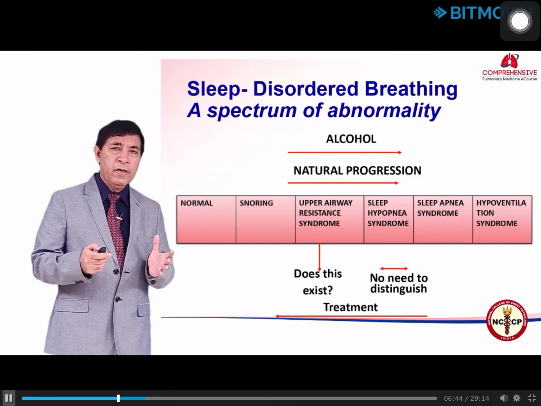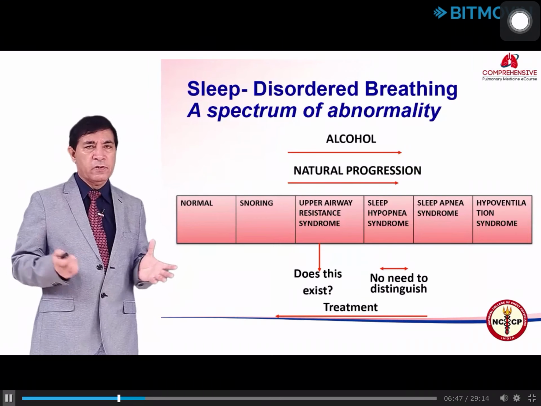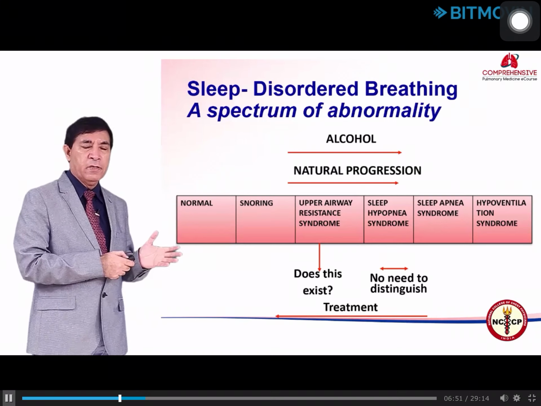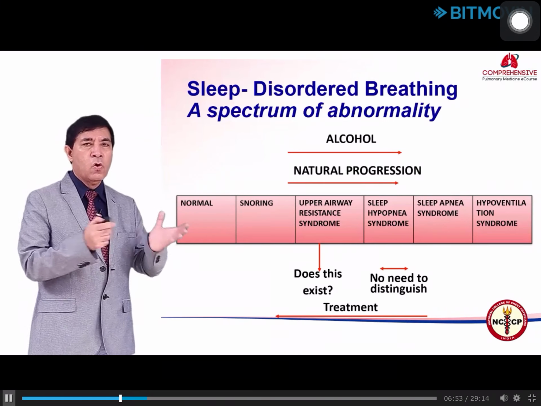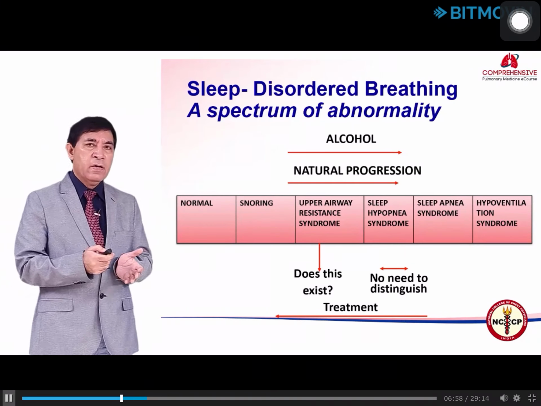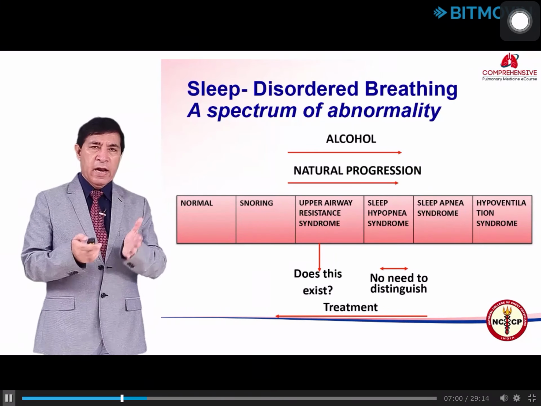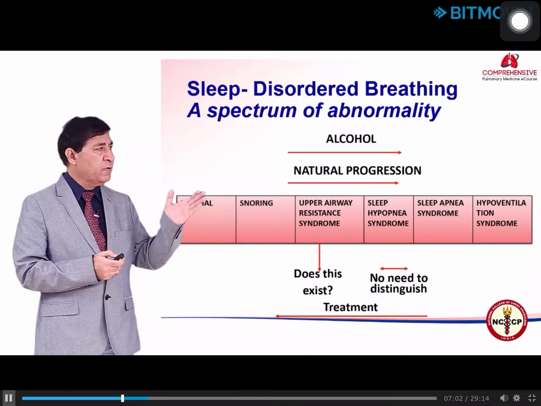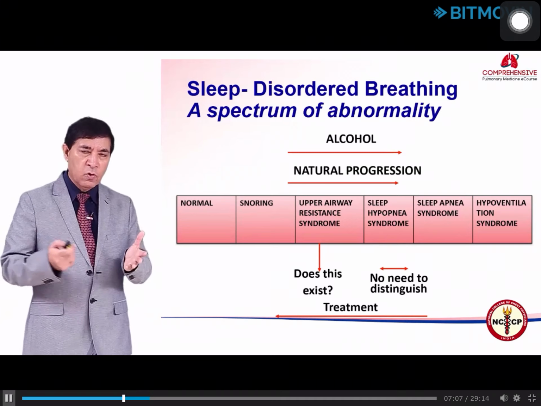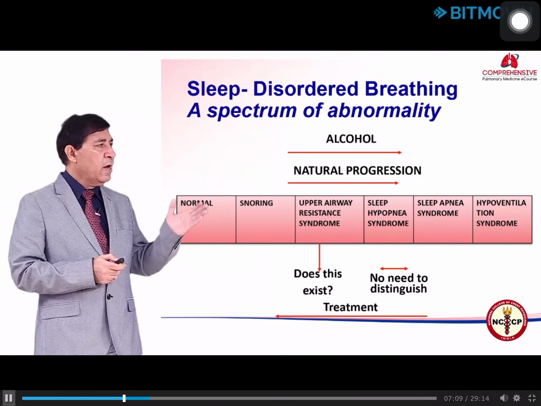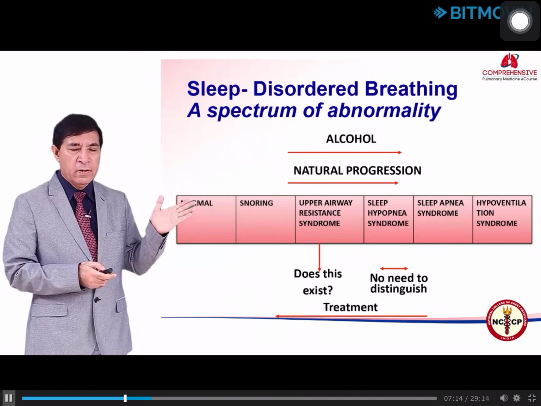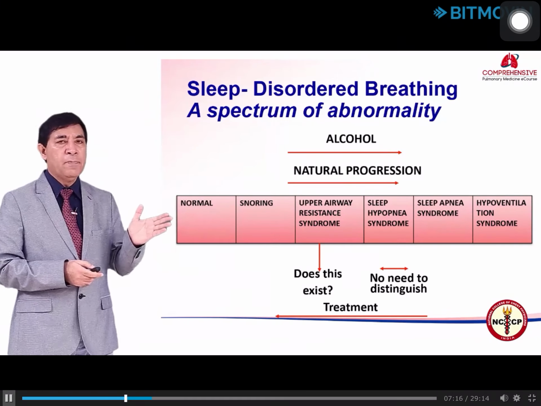Sleep disordered breathing is actually a spectrum of disorders. On one side of the spectrum you have a patient who is normal, who has no evidence of partial or complete obstruction of the airway, and then a person with slight obstruction of the upper airway during sleep, which gives us snoring. The snoring can be intermittent or regular heavy snoring, which we call habitual snoring. Then you have only respiratory effort related arousals, RERAs, but no apneas or hypopneas.